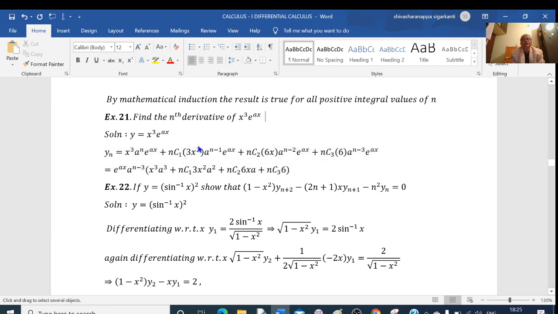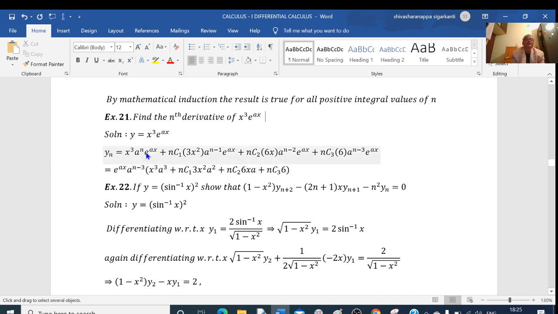Just write the derivative of this, 3x square, derivative 6x, and one less derivative. Replace n by n minus 1 here. This becomes a power of n minus 2 e power of ax, plus nc3. Differentiate this 6x, I am getting 6 and one less derivative of this, a power of n minus 3 e power of ax. And this terminates here because next I have to write the differentiation of 6. That becomes 0. Then all the remaining terms become 0.